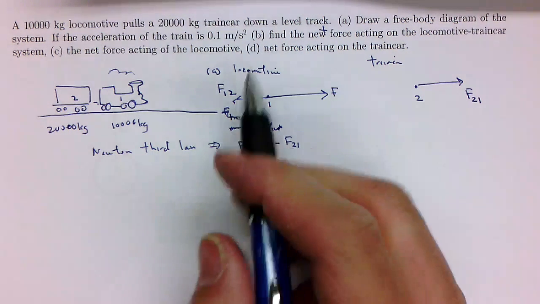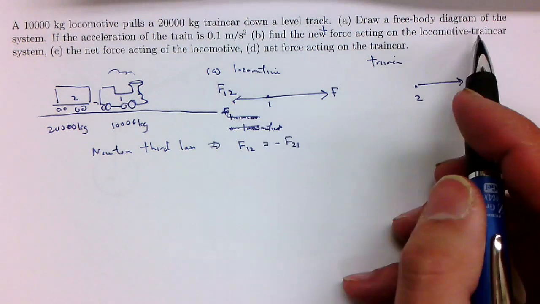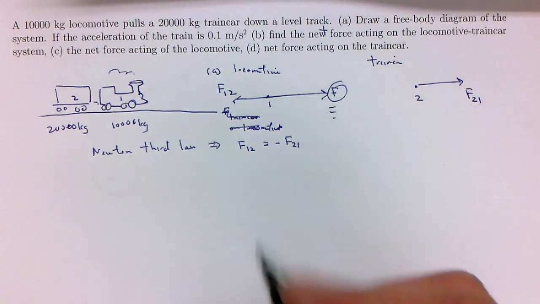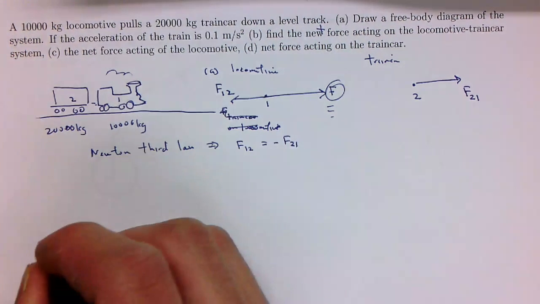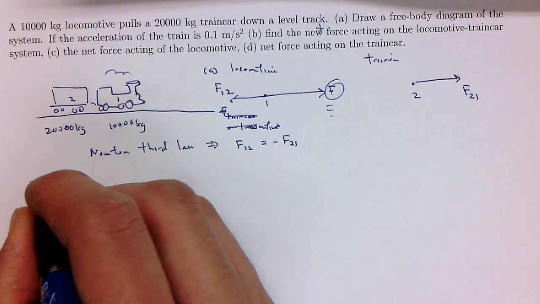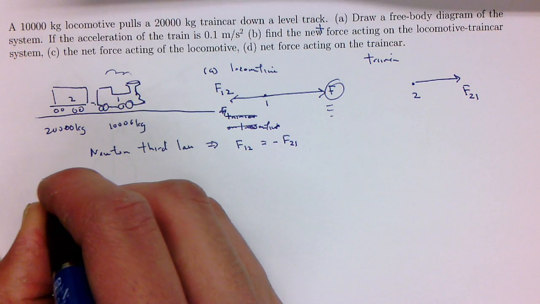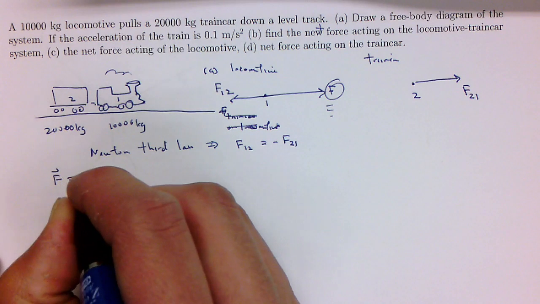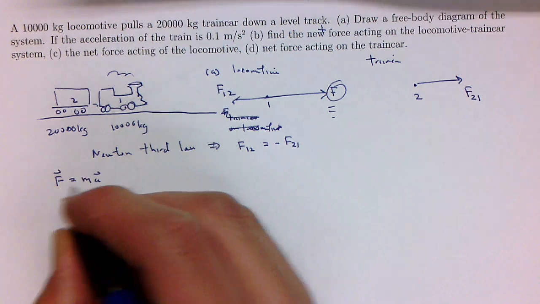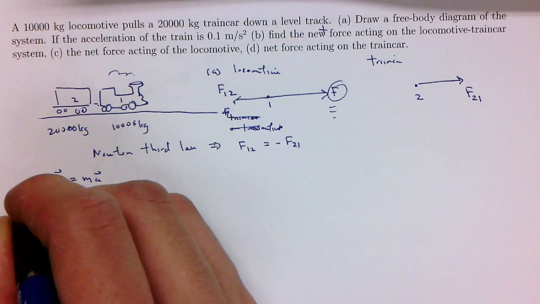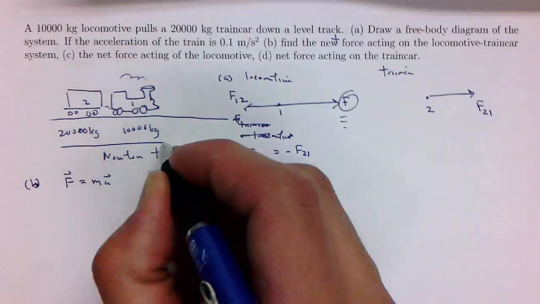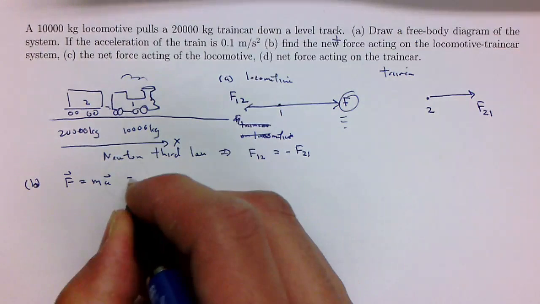Now let's find the net force acting on the train car locomotive system, which is this force right here. The net force is equal to the mass times acceleration. We can drop the arrows right now because we're just looking in one direction along the x-axis.